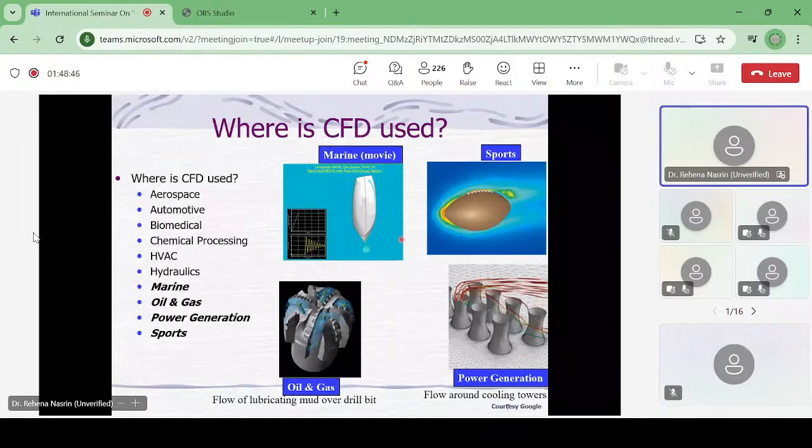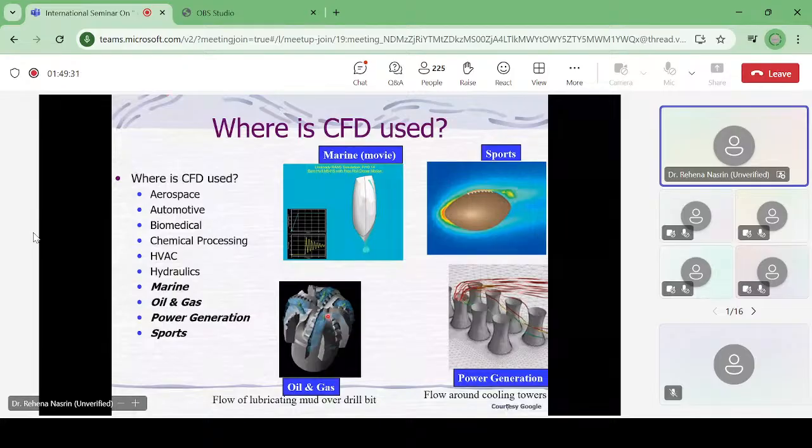And also for the marine sector, we can analyze shipbuilding, ship design, hull, and many things for the purpose of the ship. We can use computational fluid dynamics, and here for the sports sector, when a bowler in a cricket match throws a ball, then the air pattern over the ball, you can see there.